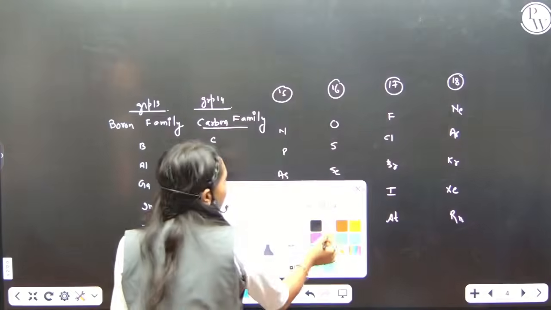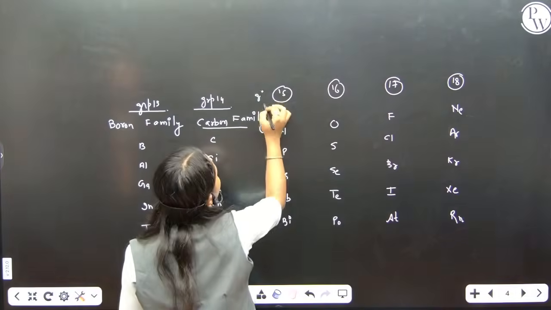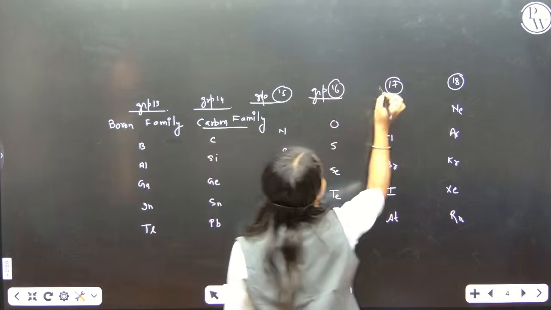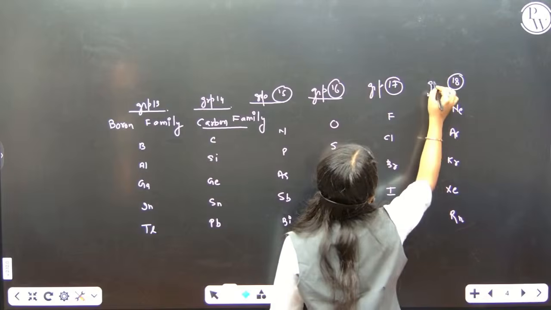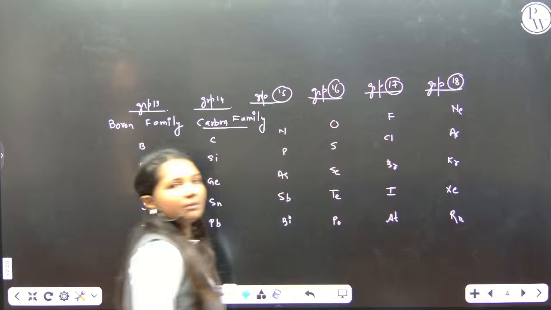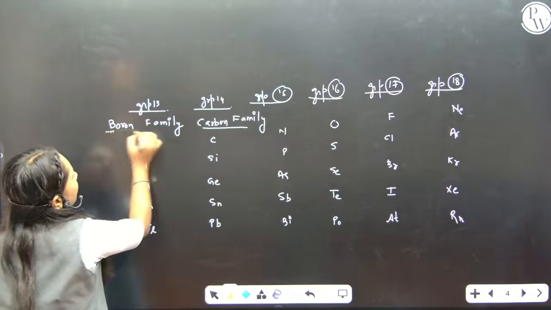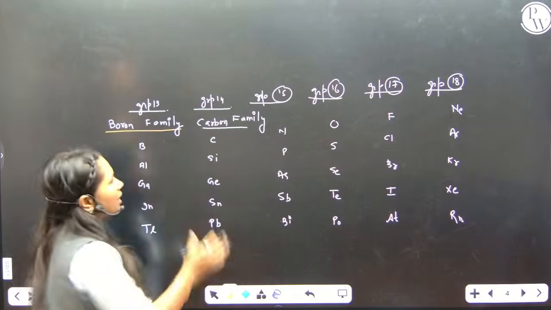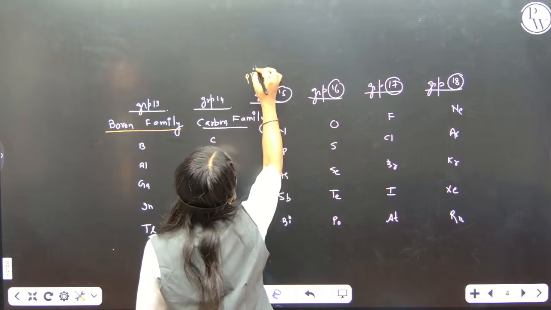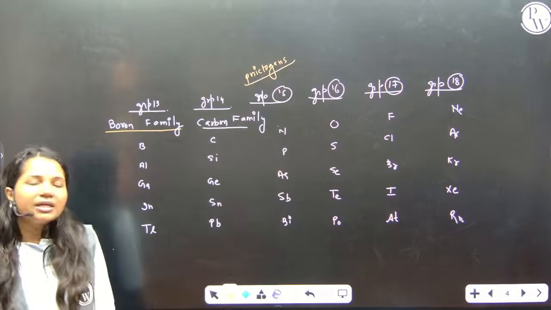So these are the elements of P block. Now what we will see first: the boron family has no special name, the carbon family also. The nitrogen family is called pnictogens.